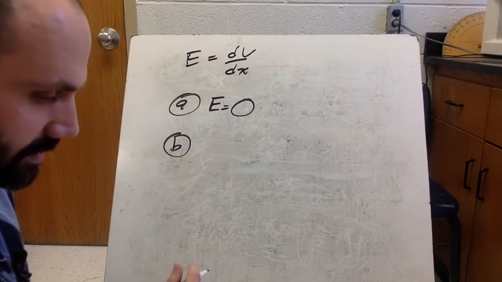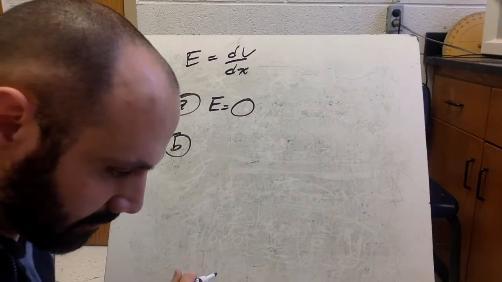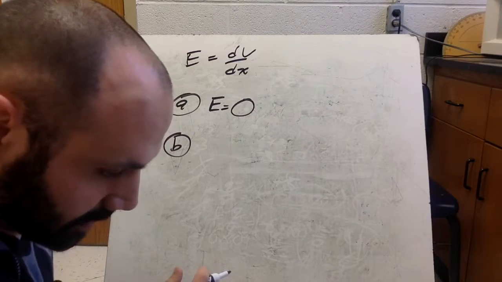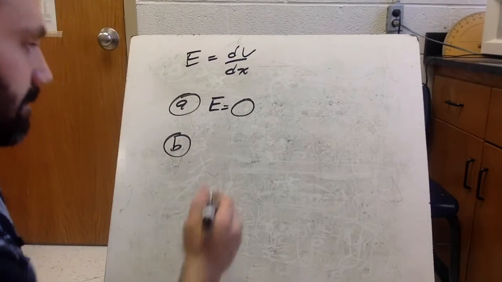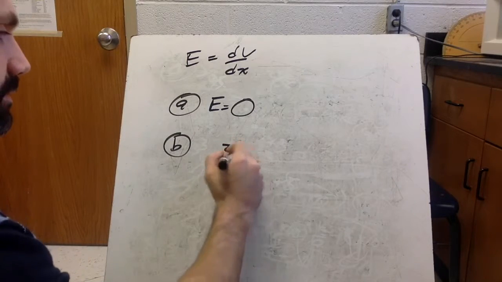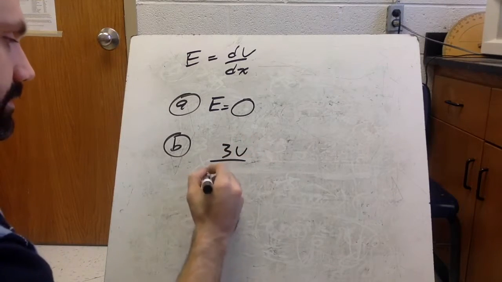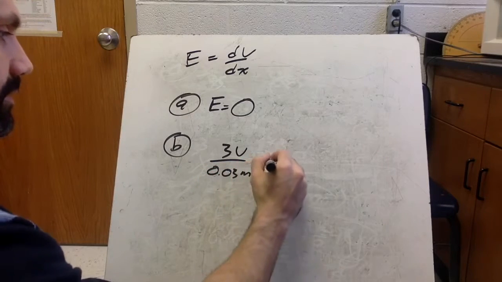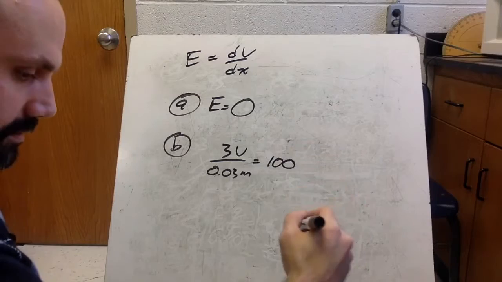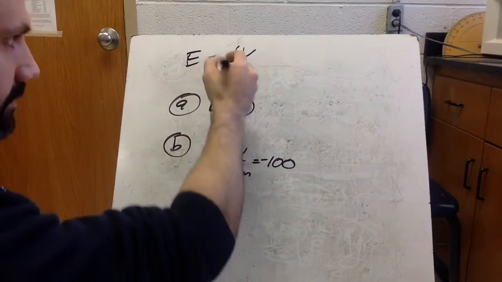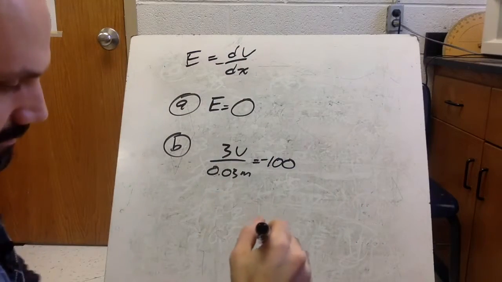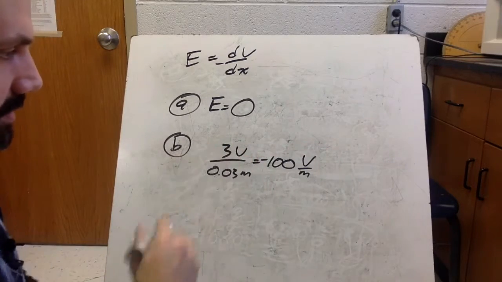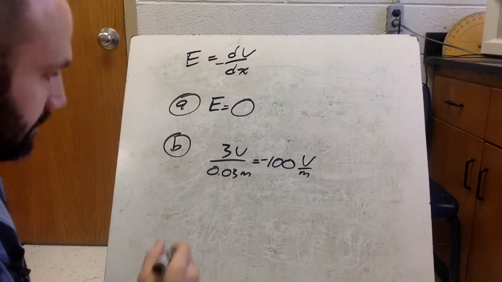Part B, I'm looking at the slope there. And the slope is, it goes up, let's see, 3 volts in about 3 centimeters. So 3 volts in 0.03 meters. So that's about 100, negative, right, because it's the negative, sorry, I forgot that. Negative 100 volts per meter. Notice the units are in volts per meter.